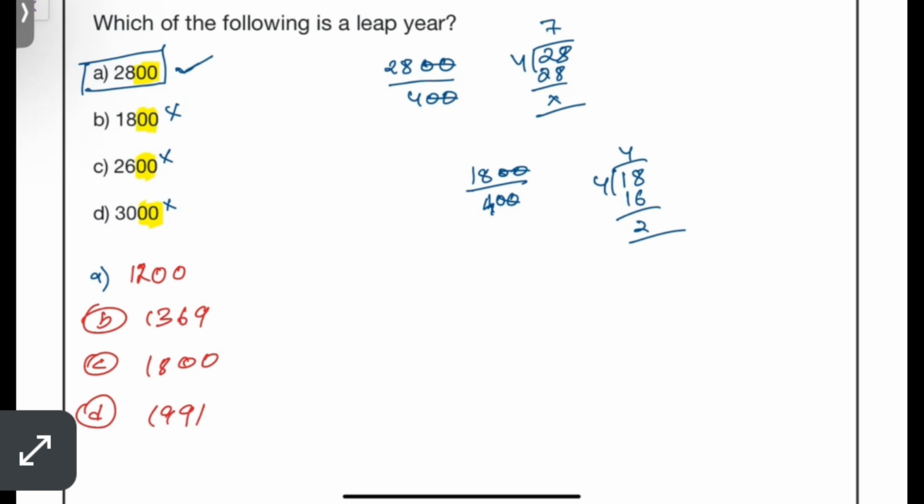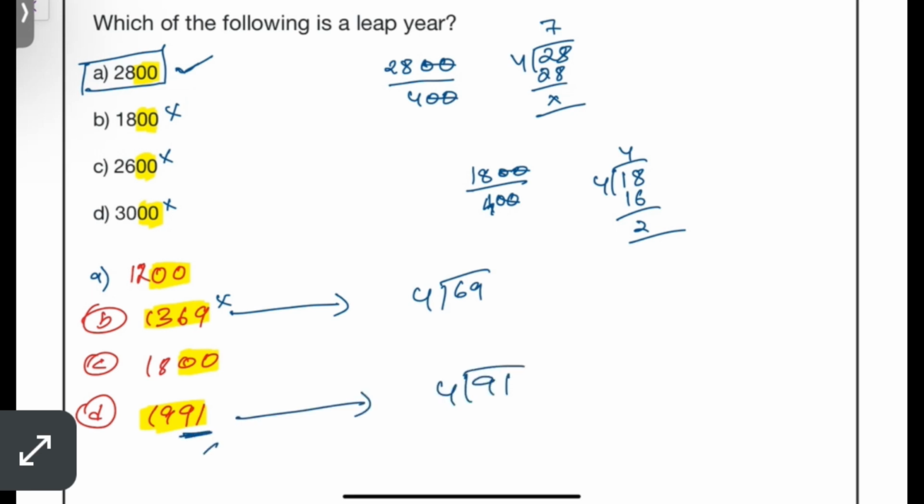So in this case also, this one is a century year, this one is a century year, and this one is not a century year, this one is not, so likewise you need to check. In order to check 1369, you need to take the last two digits, which is 69, divide it by 4 and check, it will not be divisible. What about this one? The last two digits 91, you divide it by 4, which is also not divisible.